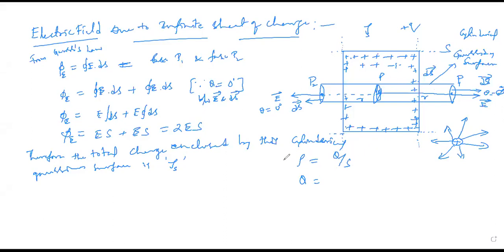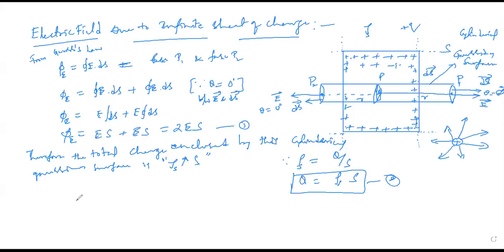So we can write rho s is equal to Q by S, and from here Q is equal to rho s into S. This is the total charge enclosed by the Gaussian surface. I can take this as equation 1, and I can take this as equation 2.